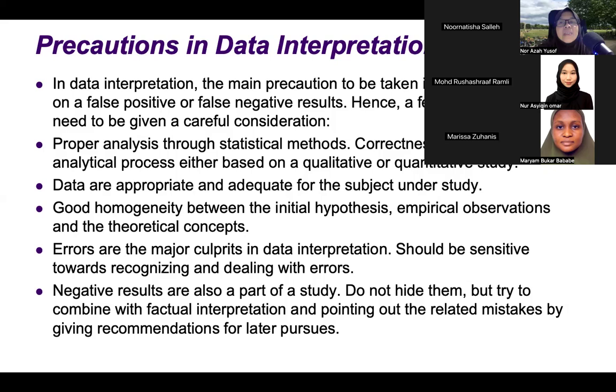In data interpretation, the main precaution to be taken is to make sure to report properly whether it is a false positive or a false negative. Probably you are not aware of what false positive and false negative mean. We can discuss that later, but the main precaution is that there is a possibility that the data we collect might be false positive or false negative.